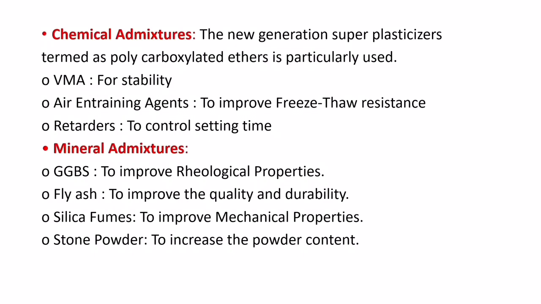Mineral admixtures: we have ground granulated blast furnace slag, GGBS, to improve rheological properties. Fly ash to improve durability. Silica fume to improve mechanical properties, and stone powder to increase the powder content.